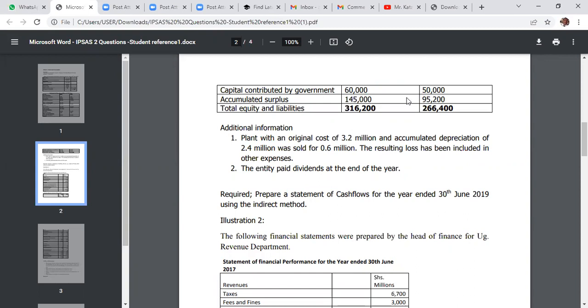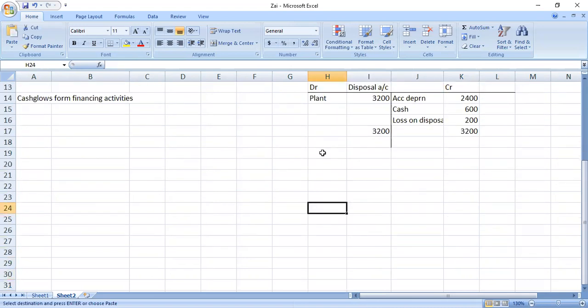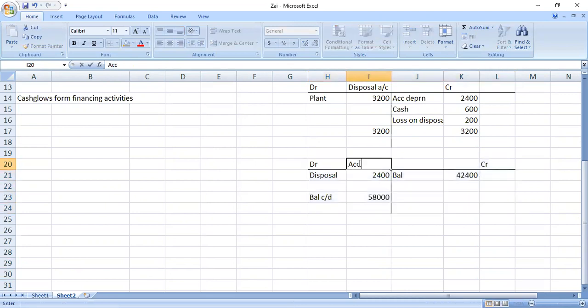So as you can see, surplus, there's a difference there. So you draw a T account for surplus. Let me draw it. Okay, T account for accumulated surplus.